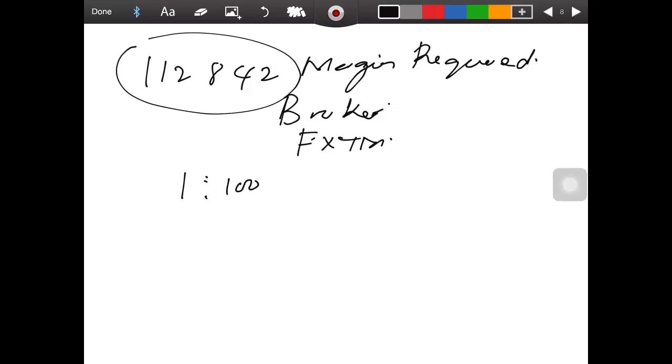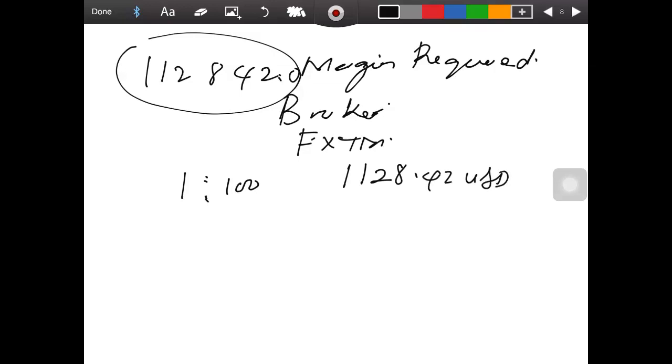So if you use a leverage of 1 to 100, what you are going to require as your margin is only 1128.42 USD.